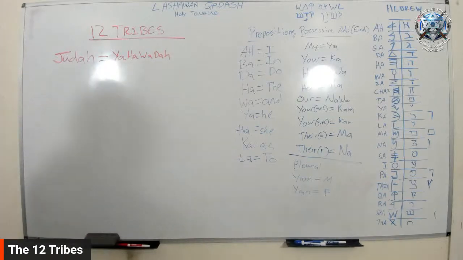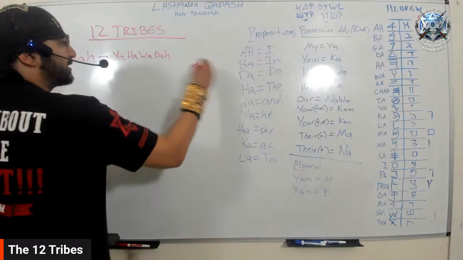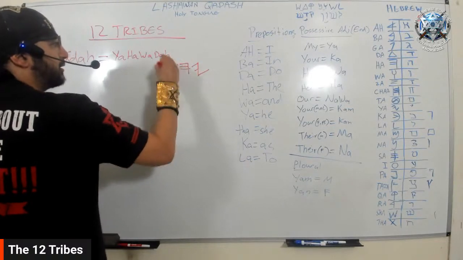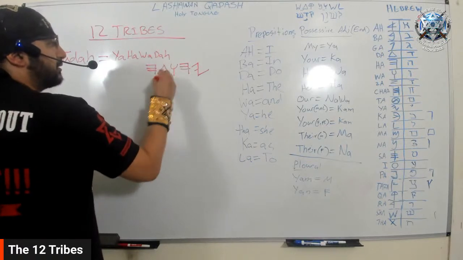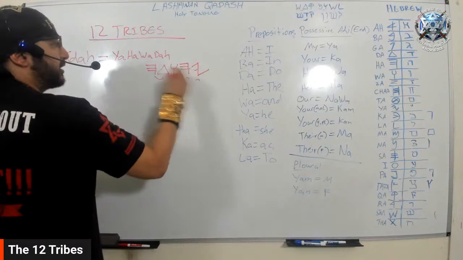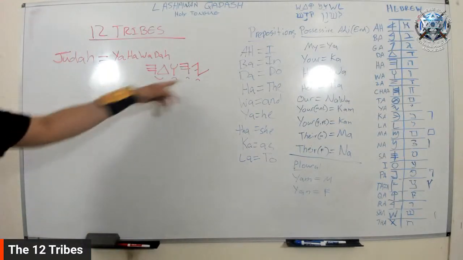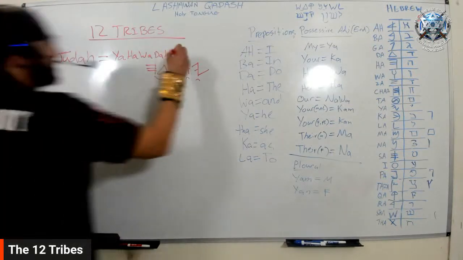And the tribe of Judah in the ancient Paleo Hebrew looks like this: Yah Ha Wa Da. To give you an assist on how to write them down, I'm going to use these connectors here so you can see Yahweh Da. Judah equals Yahweh Da, which means Yahweh thanks.